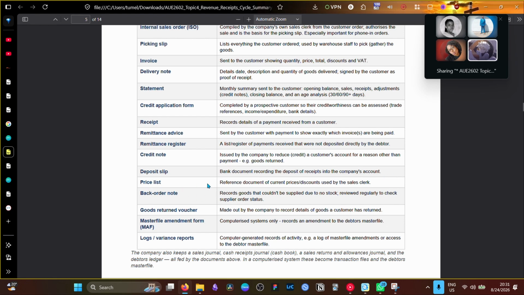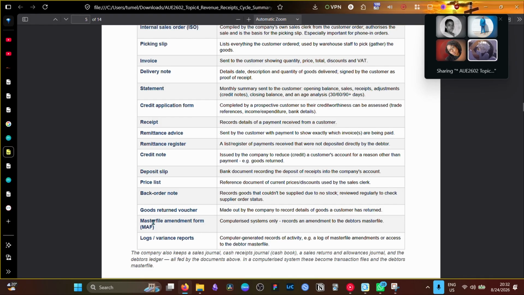And then we have price list, reference document of current prices and discounts used by the sales clerk. Back order note records goods that couldn't be supplied due to no stock, reviewed regularly to check supplier order status. Goods returned voucher, made out by the company to record details of goods a customer has returned.